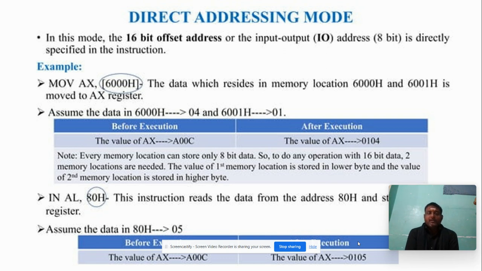For example, MOV AX, [6000H]. This is the example instruction. The data which resides in memory locations 6000 and 6001 is moved to the AX register.